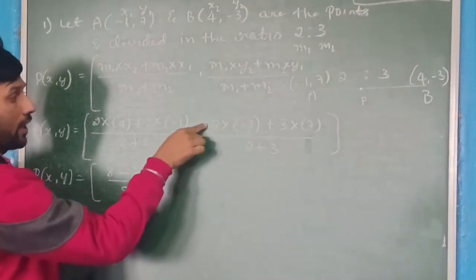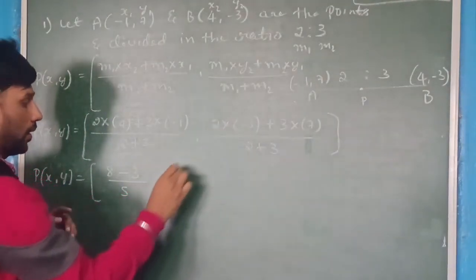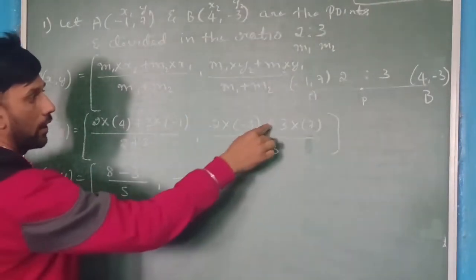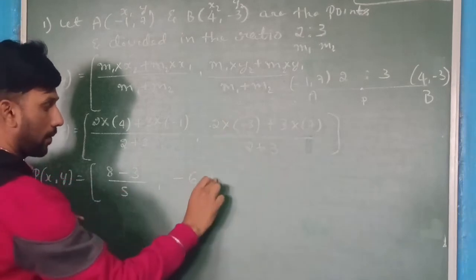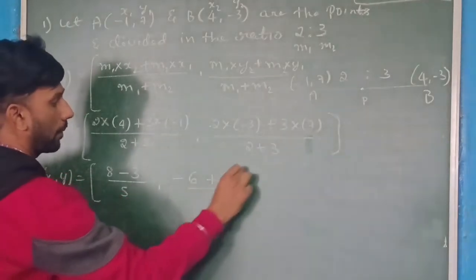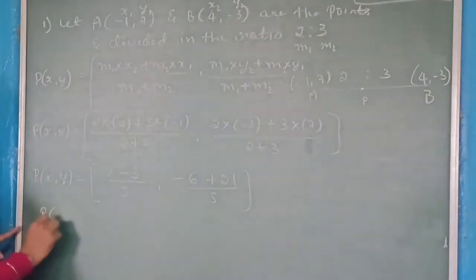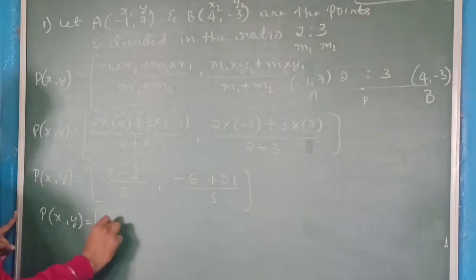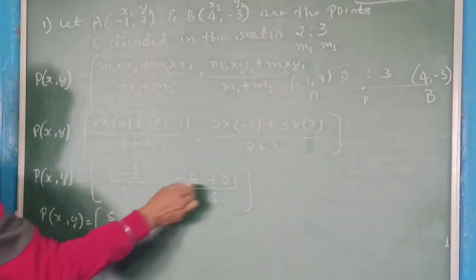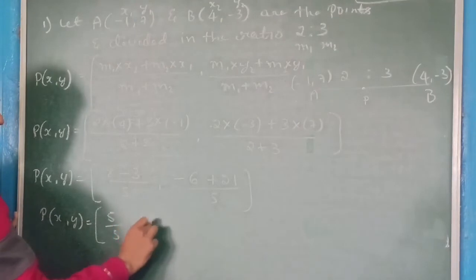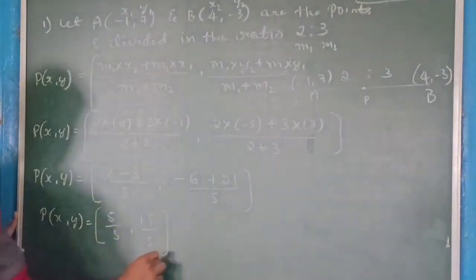Here plus into minus is minus, 3 2s are 6. Here there is no symbol, plus into plus is plus, 7 3s are 21, divided by 5. So P of x comma y equals 8 minus 3 is 5 by 5, comma, 21 minus 6 is plus 15 by 5, because the sign is of the biggest number.